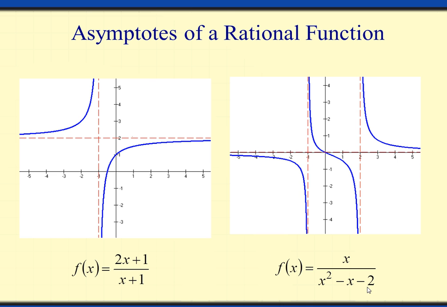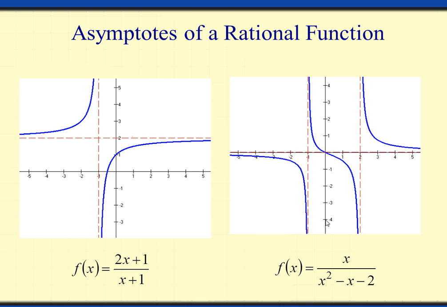Okay, here's another example of a rational function, and you can see that it has 2 vertical asymptotes, and there's a red dashed line on top of the x-axis, which is the horizontal asymptote. By the way, we can have several vertical asymptotes, but no more than one horizontal asymptote.